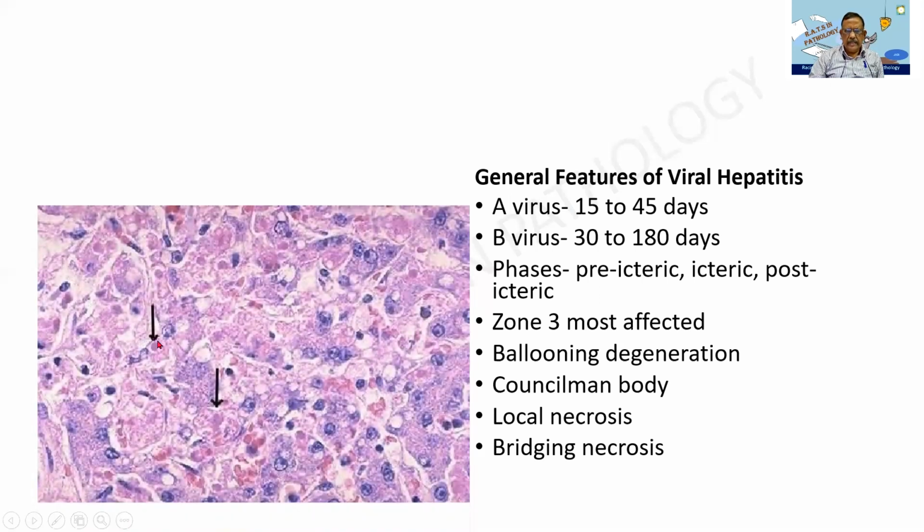I find that there are some hepatocytes which are getting degenerated, and also I am finding a small fragment within. This is probably an inclusion, a Councilman body. The classical example for a Councilman body is yellow fever, but it is also very commonly seen in viral hepatitis.